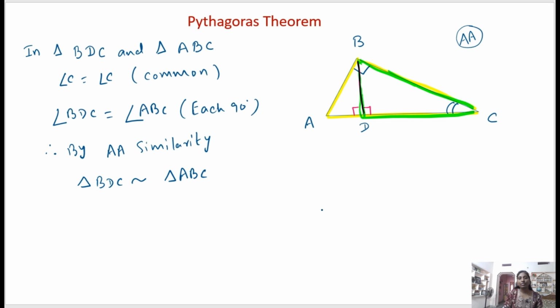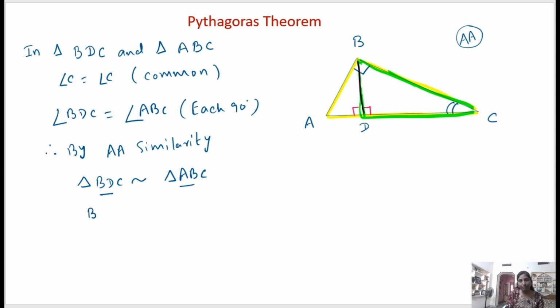So now we have to write the proportionality. Okay. But from the figure it is difficult to write the sides in proportion. So here we can write from here BD, see here BD by AB.